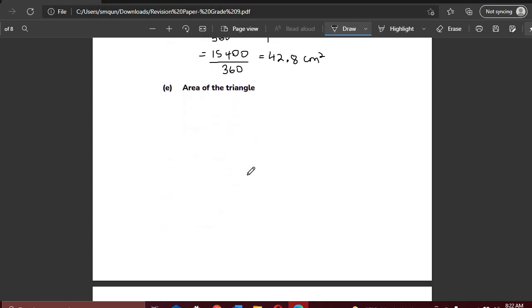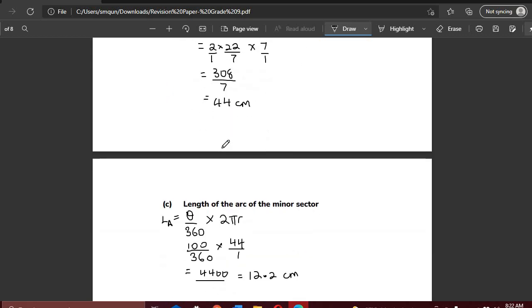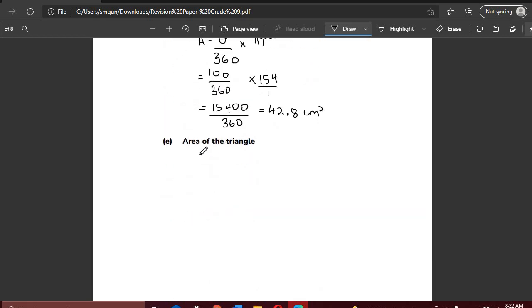Okay, question E, the area of the triangle. Now, how do we find the area of the triangle that is formed in the sector? Now, we're going to have to use a different formula for that. Okay, so this is the formula that we are going to have to use. So I'm going to put area of triangle.